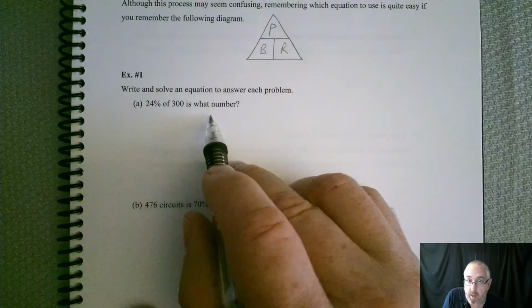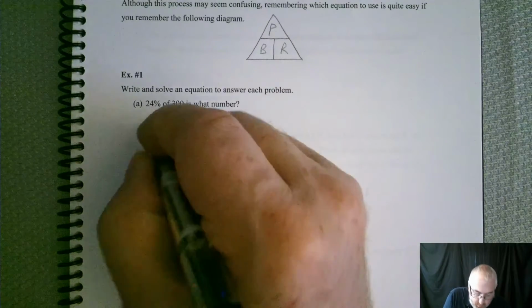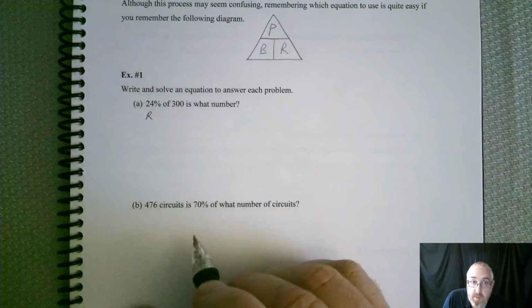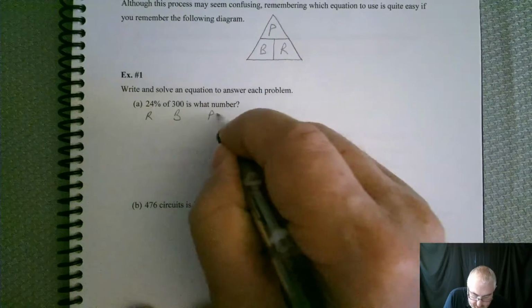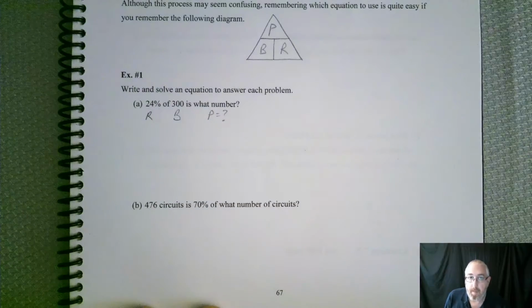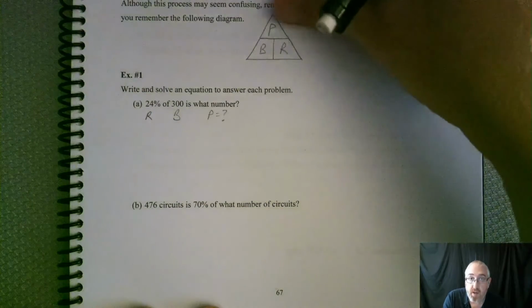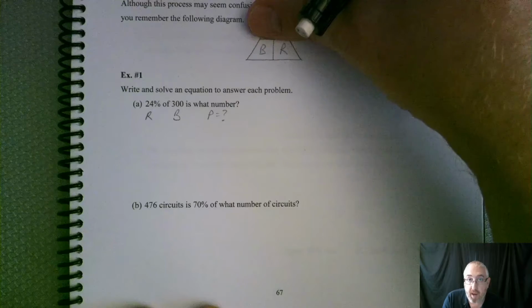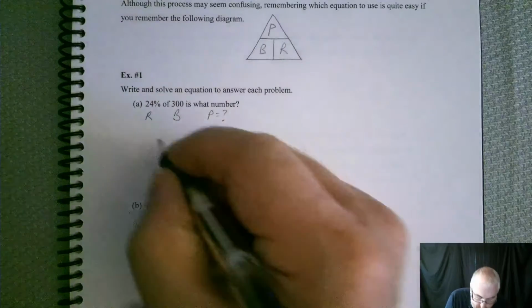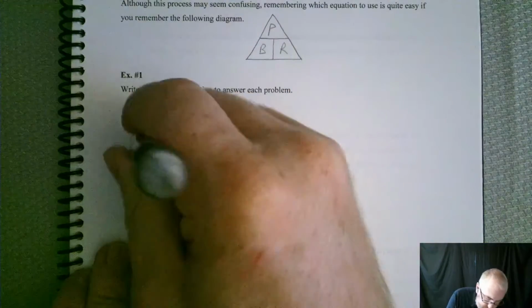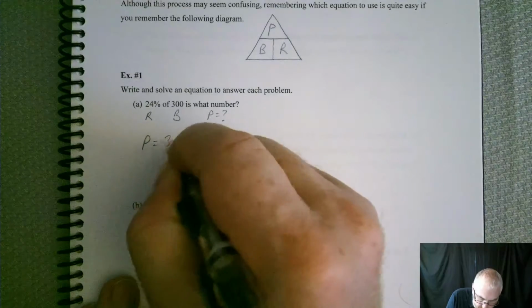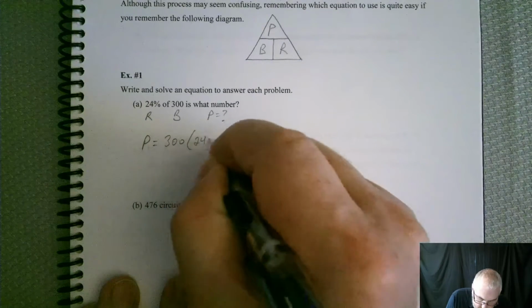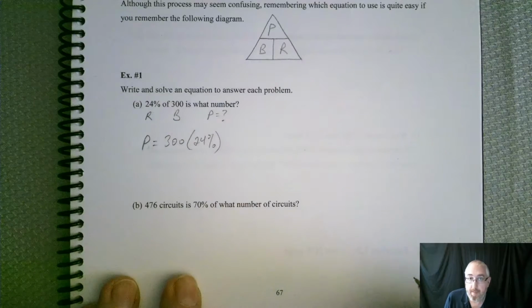24% of 300 is what number? So we should know that R is 24%, and 300 is our base. So P must be our unknown. So if we use our little trick, we have to multiply B times R, so 300 times 24%.